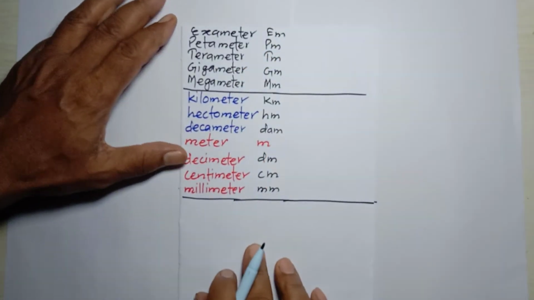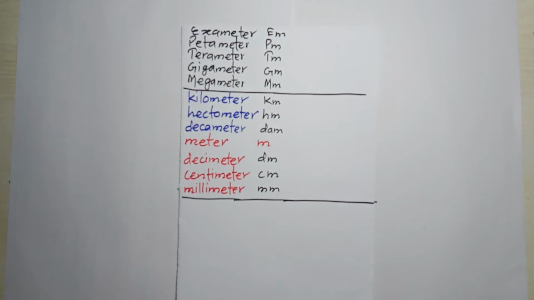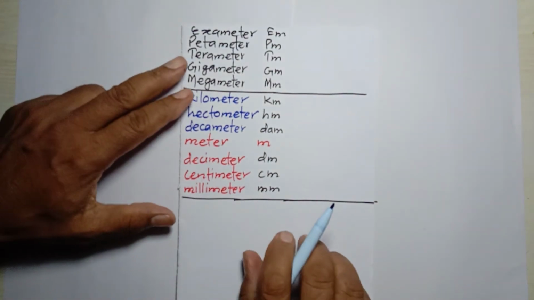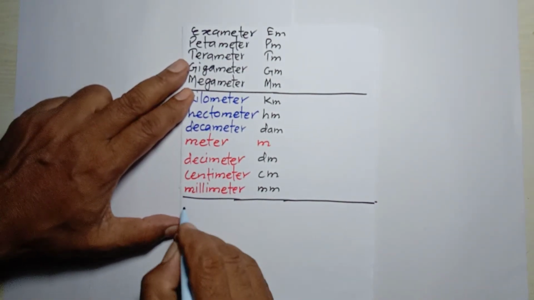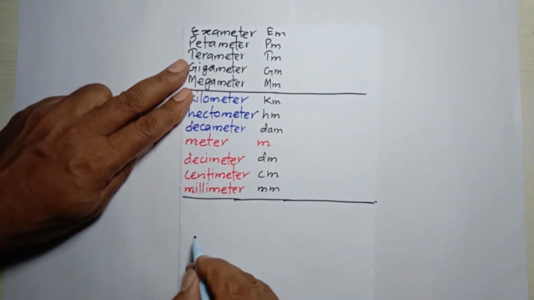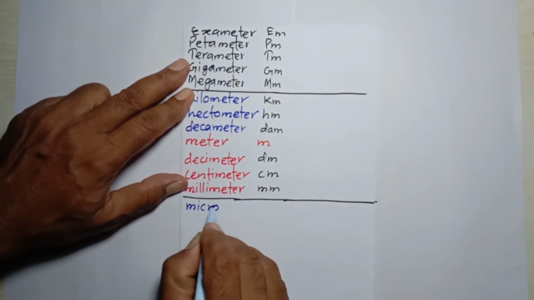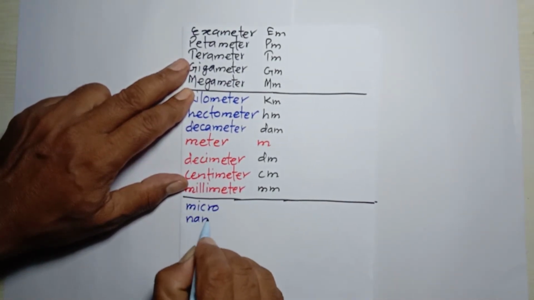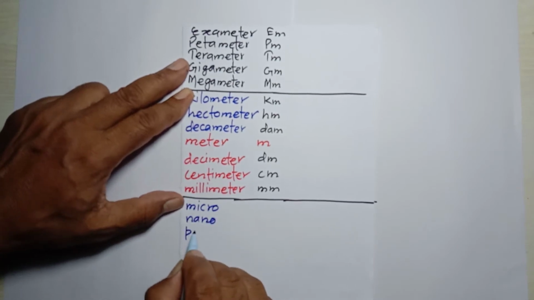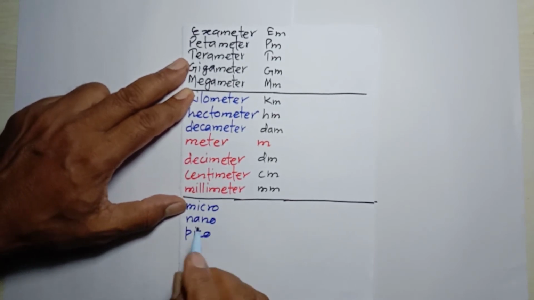In the same way, there are some units of length which are smaller than the millimeter. What are they? Micro, nano, pico, femto, atto.